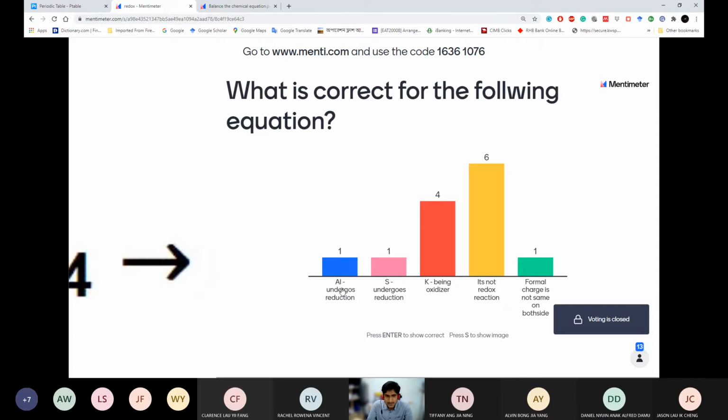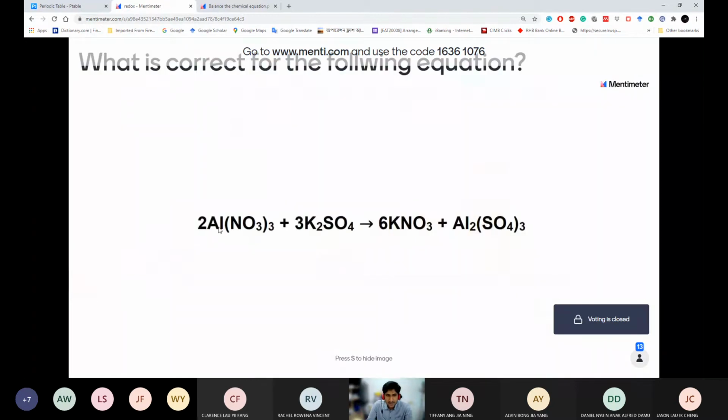But we see that neither aluminium nor sulfur undergoes oxidation or reduction here. Nothing happened, right? So it is not a redox reaction, because on both sides the oxidation state is the same.